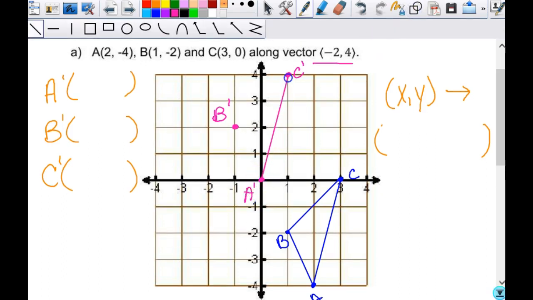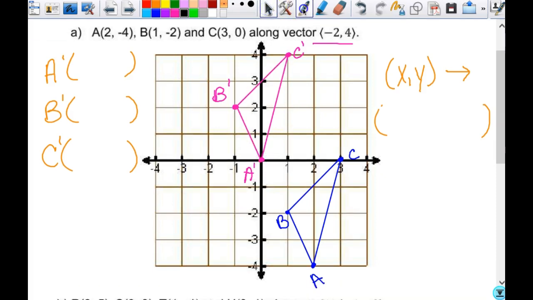But if you don't have a graph, this vector you can very easily change to mapping notation, right? Because this is just going to be x something, comma, y something. And this is a -2, so it's x - 2 and y + 4. And both of these, in different ways, tell me exactly what to do with these ordered pairs to get my primes.